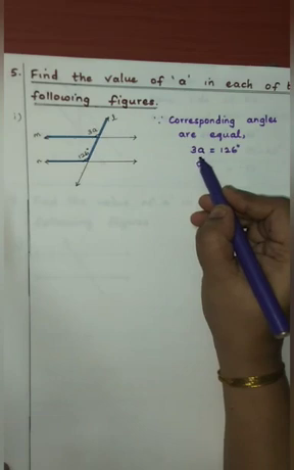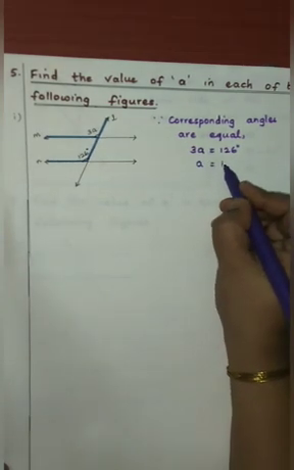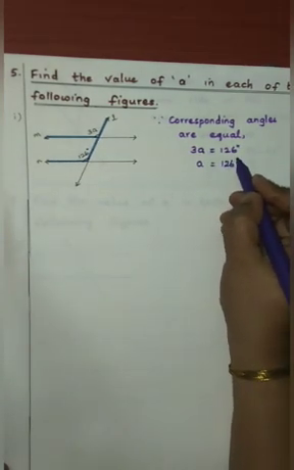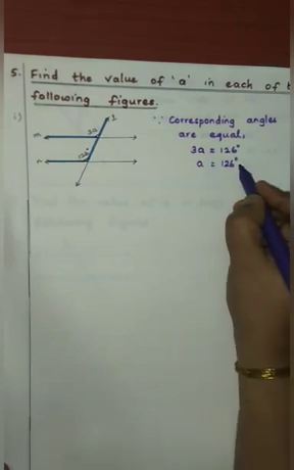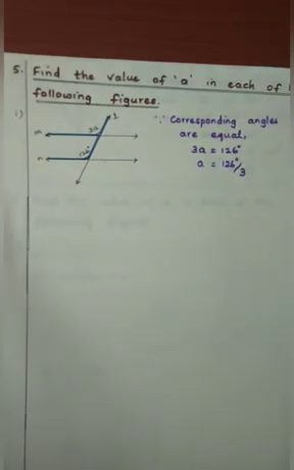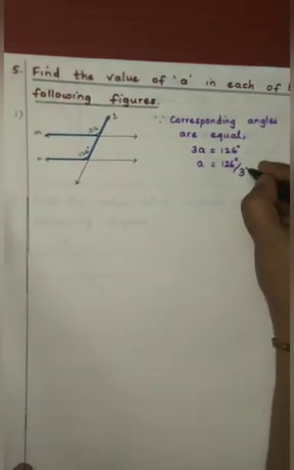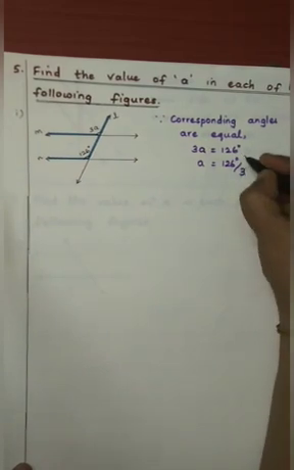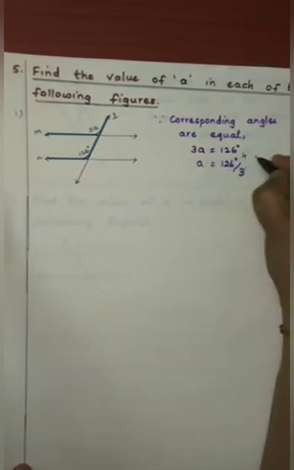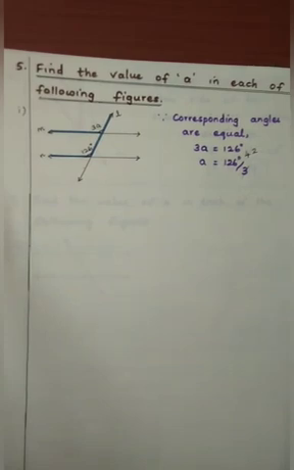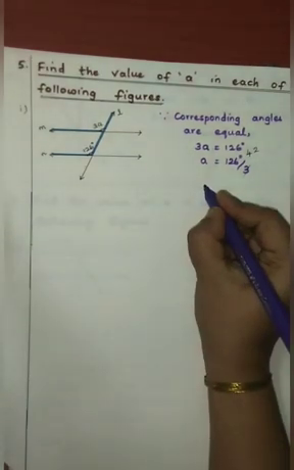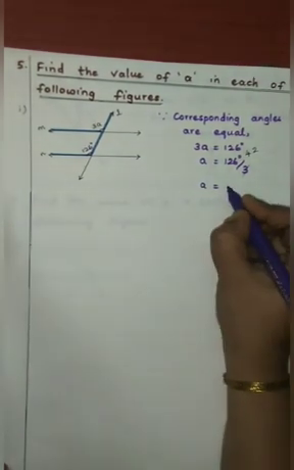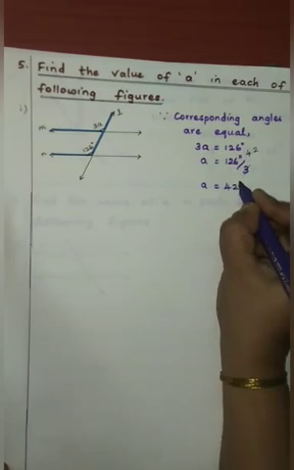Here 3 and A are multiplied. So when you take to the other side, you have to divide this 126 by 3. So when you divide, we get 42. So the value of A is equal to 42 degrees.